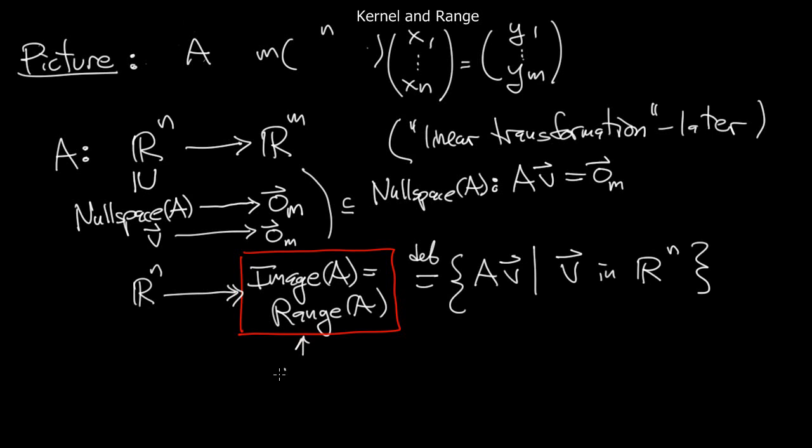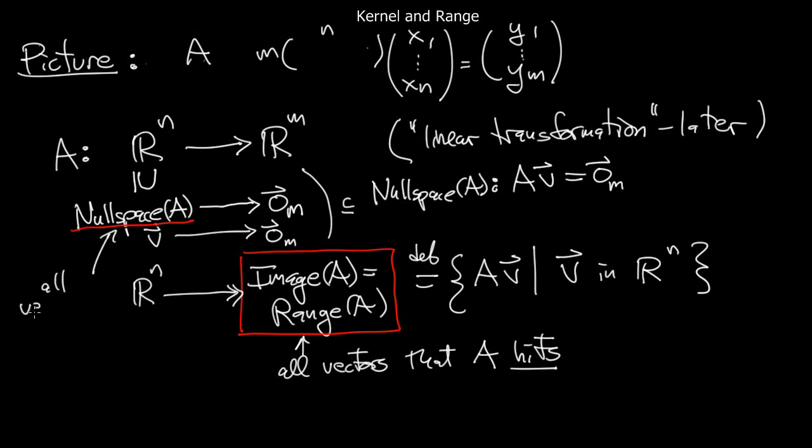Take all the vectors in Rn, apply A to them, and see what you get. All of the vectors that A hits. That's clearly a subset of Rm, and it's easy to see that it's in fact a subspace of Rm. So now we have two things. We have the null space of A, which is a subspace of Rn, and we have the image or range of A, which is a subspace of Rm.